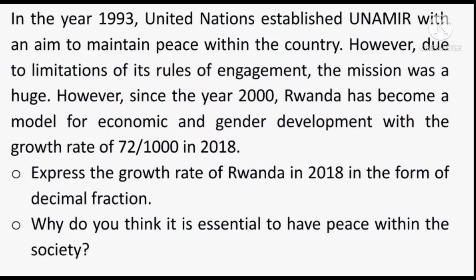In the year 1993, the United Nations established UNAMIR with an aim to maintain peace within the country. However, due to limitations of its rules of engagement, the mission was a huge failure. However, since the year 2000, the country has become a model for economic and gender development, with the growth of 72 upon 1000 in 2018.6.